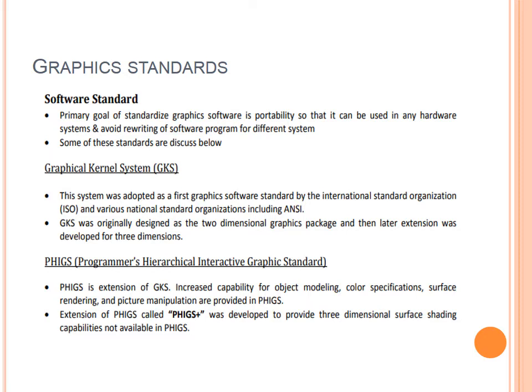This system was adopted as the first graphic software standard by the International Standards Organization, that is ISO, and various national standards organizations including ANSI. Second one is PHIGS, that is Programmer's Hierarchical Interactive Graphics Standard. Its extension was the GKS.